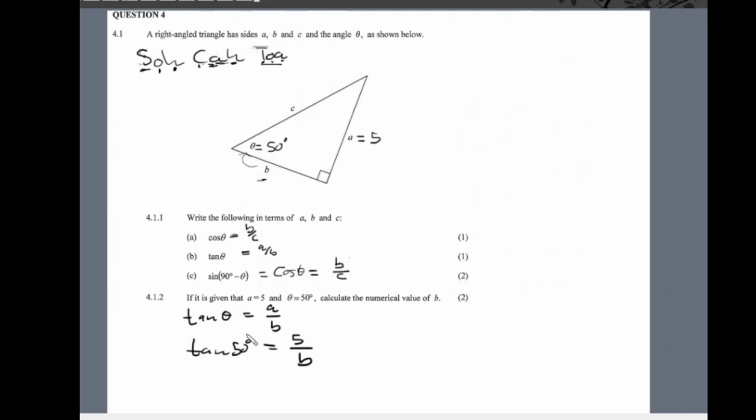And then from this you can see that B will be equal to 5 divided by tan 50, right?